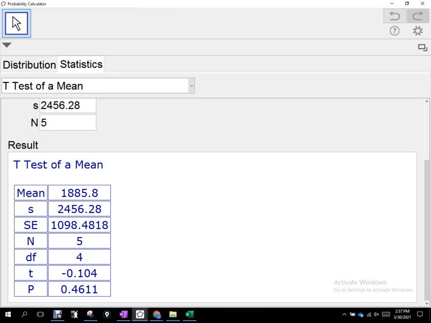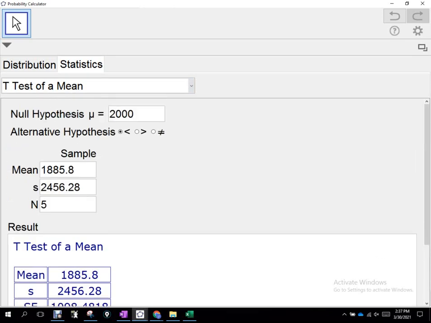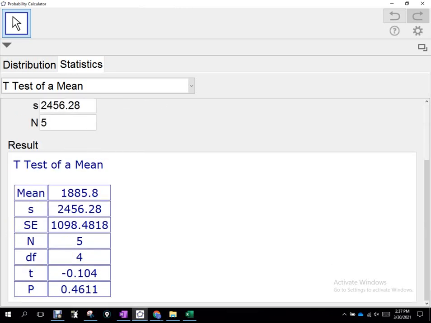We could even, if you think about it, so what I'm trying to get at is this is a benefit. You can use this. It circumvents a lot of the x bar minus mu over sigma divided by root n, or s divided by root n. But if we were to build something in Excel, we could do so many different things.